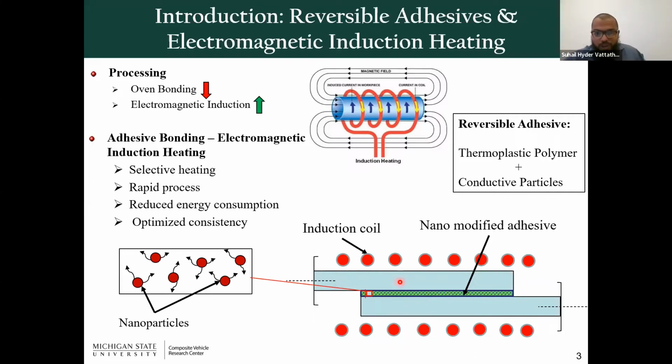For instance, if you want to join two different composite materials and you expose this joining assembly to EM heating, it heats only the adhesive in between the substrates, and you get an optimized consistency. So these are the different advantages offered by this technique.